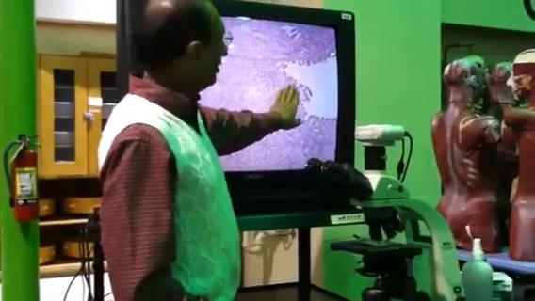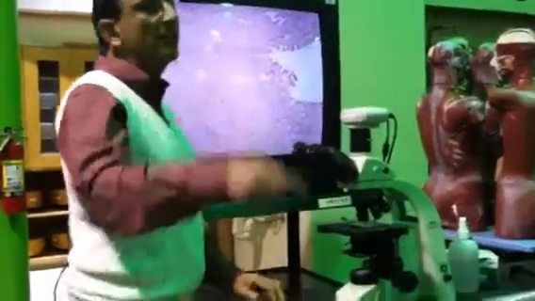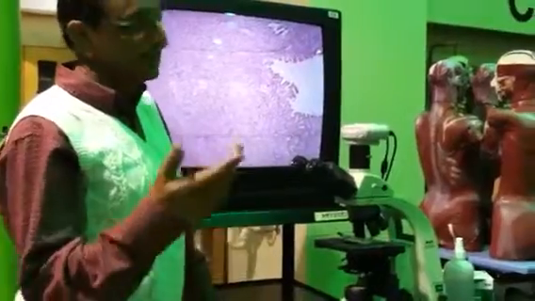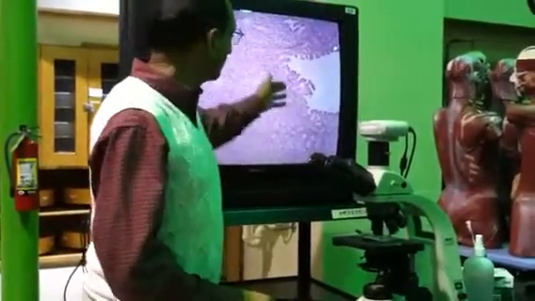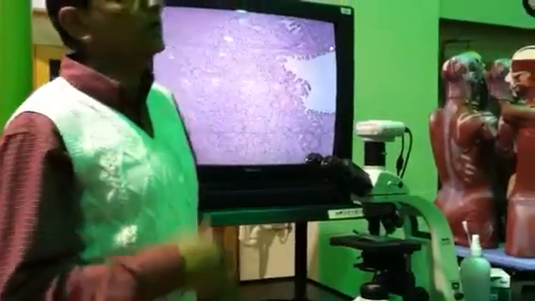The functional layer is the one which every cycle gets broken away, torn down if there is no pregnancy. If there is pregnancy, then this functional layer will be needed for the placenta.